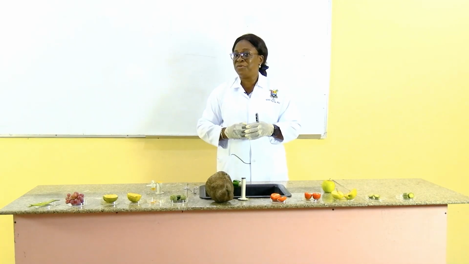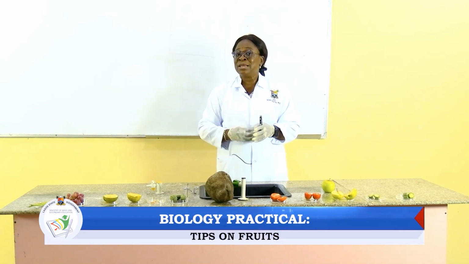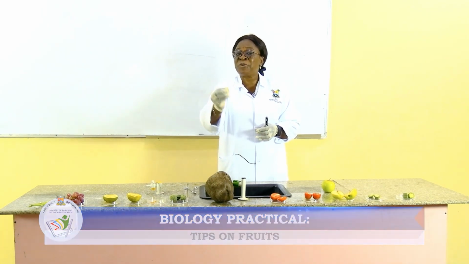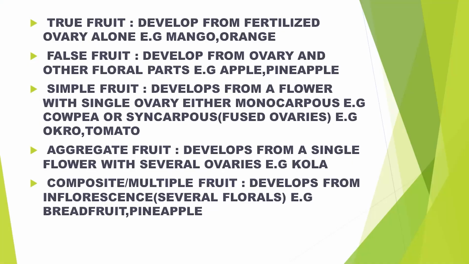You know, in our previous classes, we have explained that the ovary is the female organ of the flower, and within the ovary, we have the ovules. Now, during fertilization, the pollen grain will find its way down to the ovary.